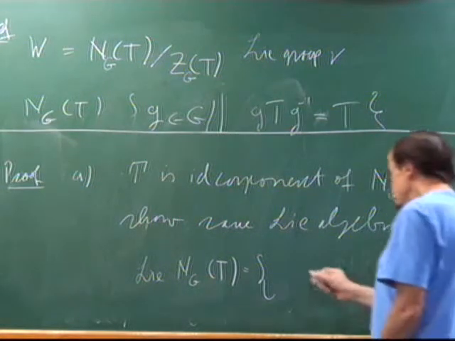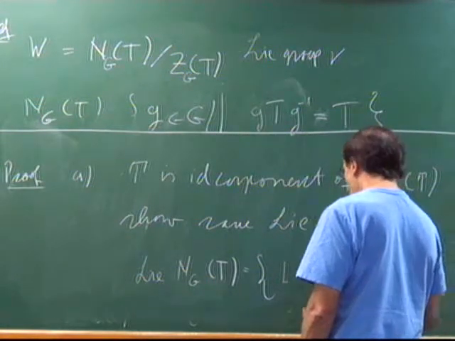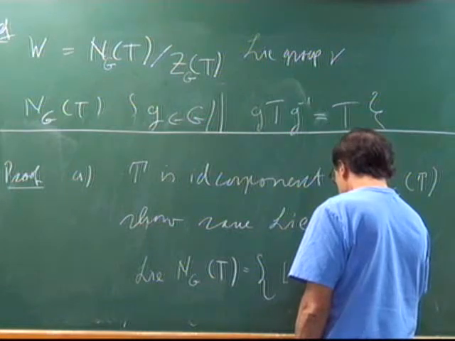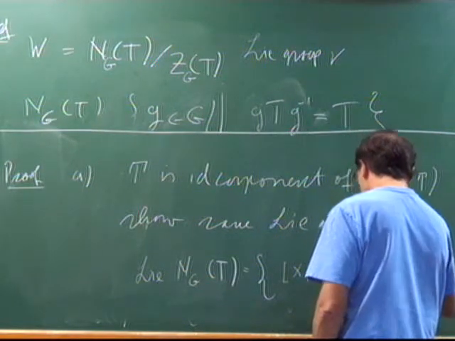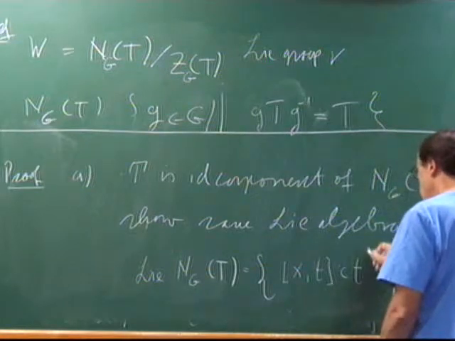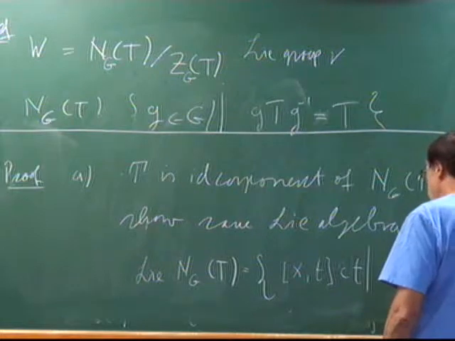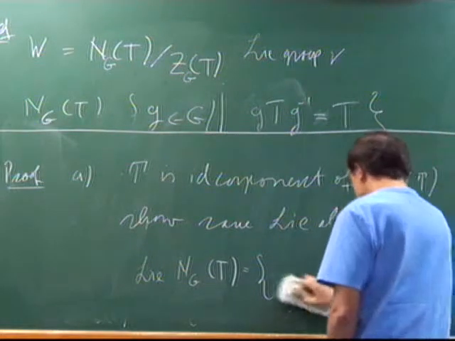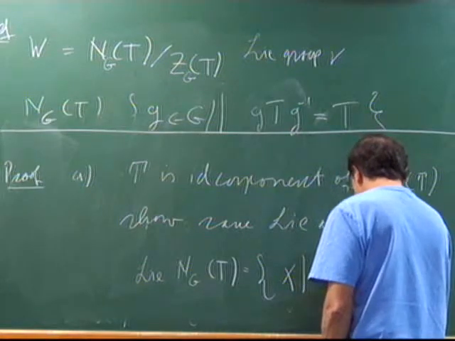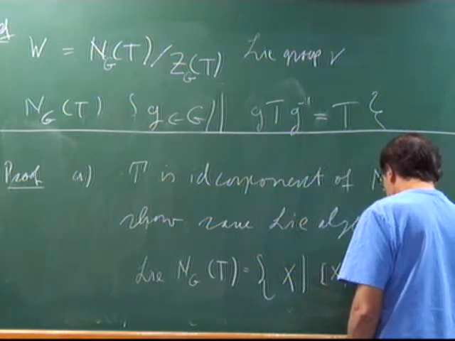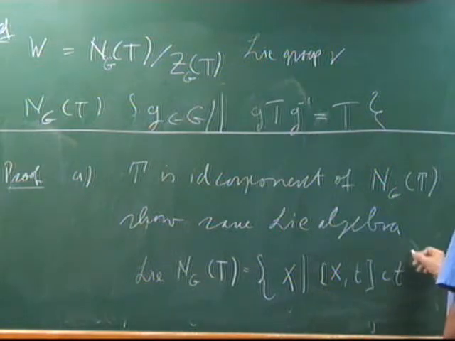It means it should be the set of all vectors x that normalize the maximal abelian subalgebra, which is the Lie algebra of my maximal torus.